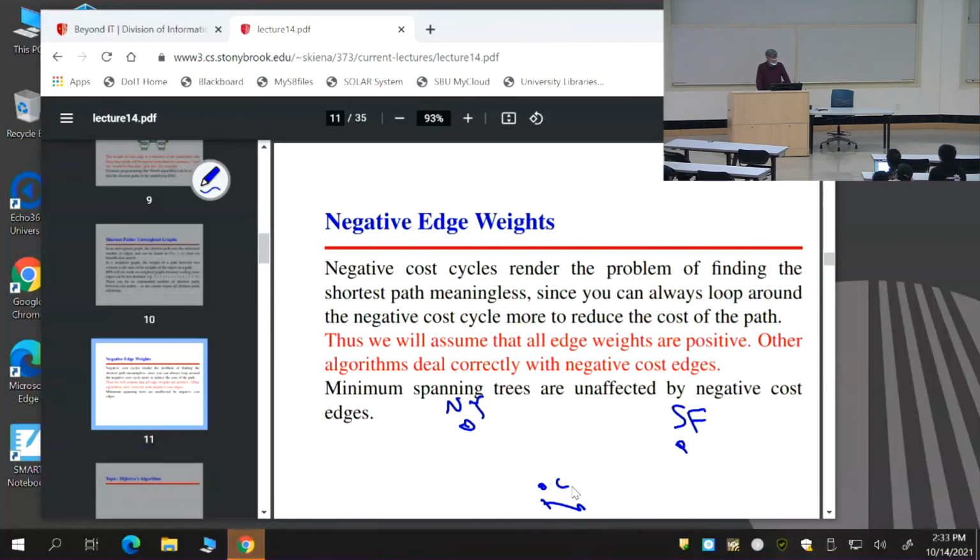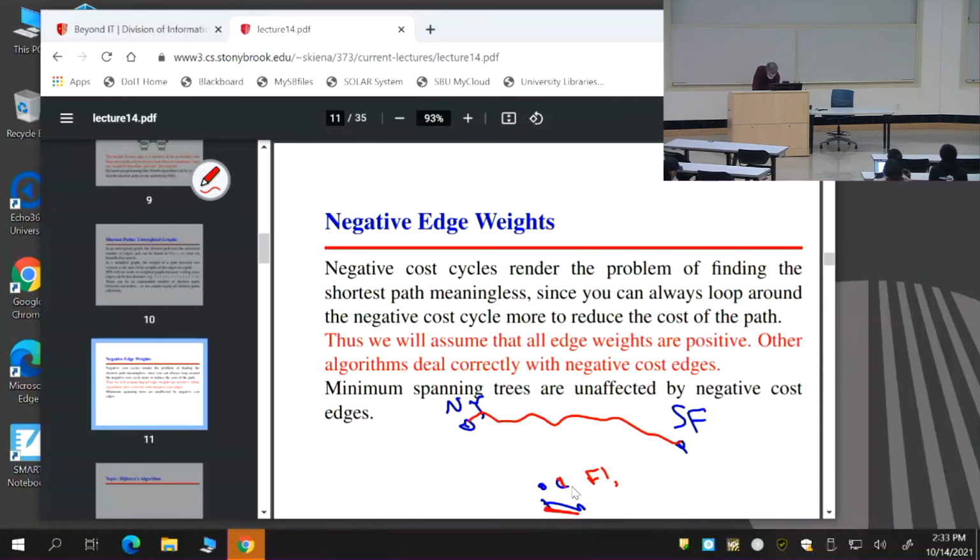Right? What is the cheapest way to get from, let's put it in Florida, so we know that it's all the way out of the way. Normally, if all the edges were positive, the cheapest way to get from New York to San Francisco would not go through Florida, right?